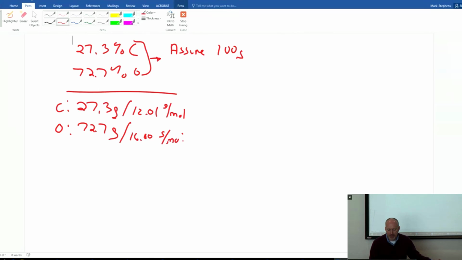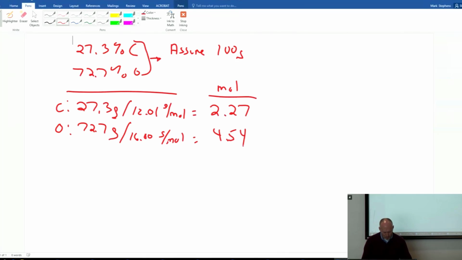And so the grams are going to cancel out, leaving me moles. Doing that calculation, 27.3 divided by 12.01, again 3 sig figs are enough, I'm getting 2.27 moles, and for the oxygen, 72.7 divided by 16, I'm getting 4.54.